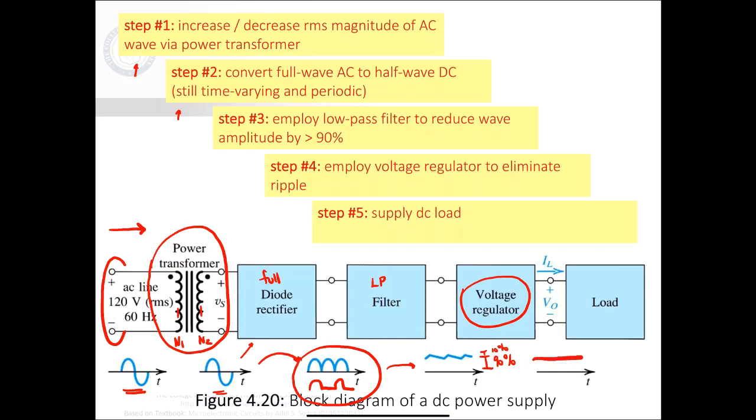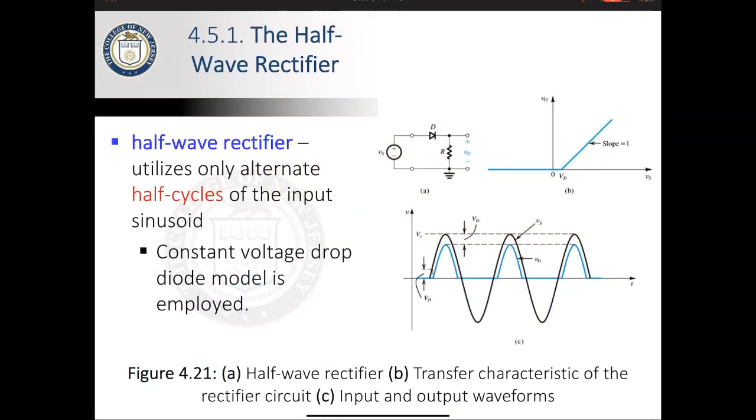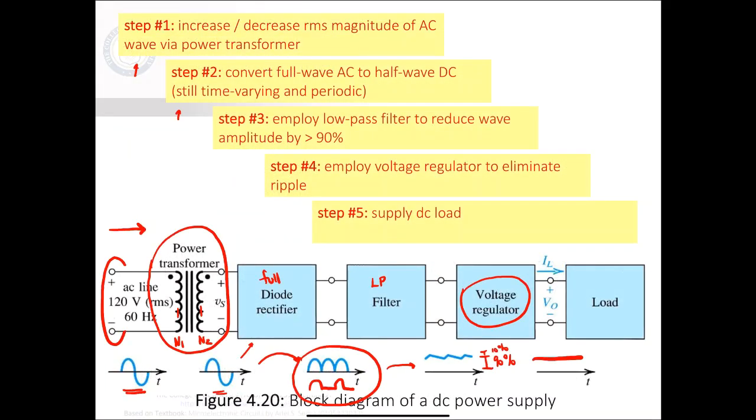Now, is it ever going to be completely flat? No. Sorry, one second. We'll always have some small ripple, but it should be good enough to allow us to charge our devices or whatever application is required. Lastly, what we have here is the load, and obviously the load is what's going to use the power.